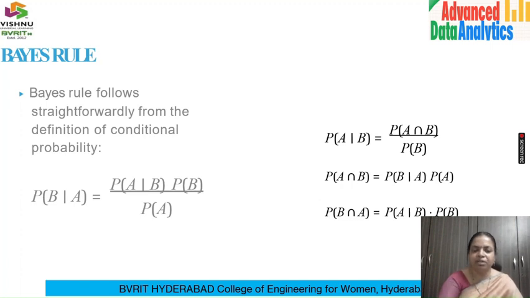That is, previously you get a value based on the condition on B, and you also substitute the individual probabilities of B and of A. Based on this we find how much probability there is of getting B based on the condition on A.